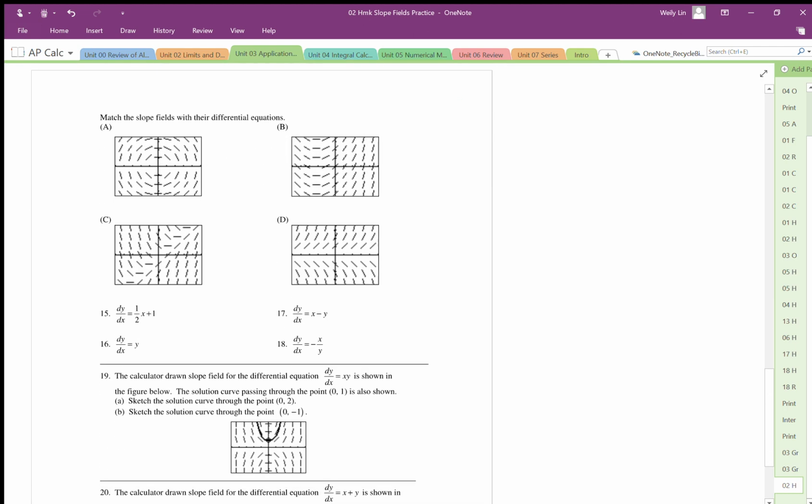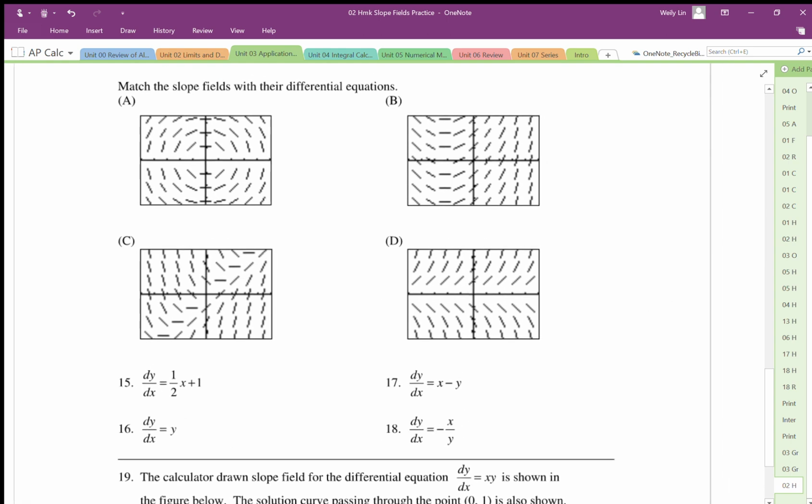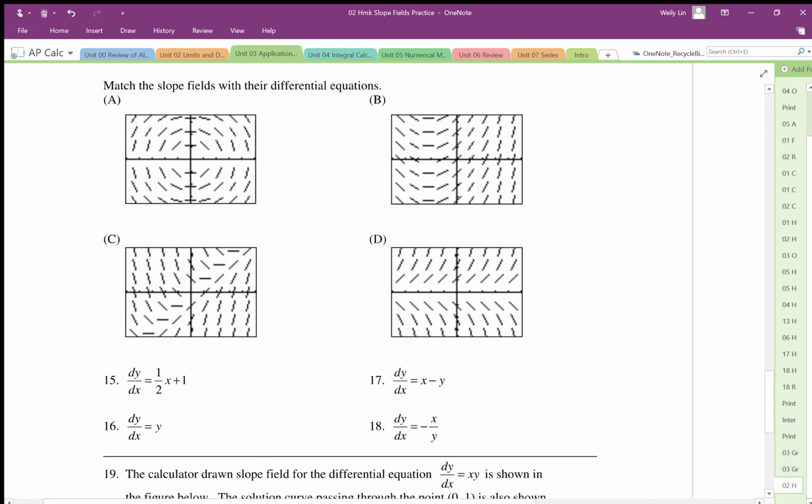For these ones here, we can match the slope fields with the differential equations. If I take a look at this, it is a circle, and I kind of know that this is the derivative for a circle, but I can just double check. I can check at x equals 0, all the x equals 0 coordinates are going to give me a horizontal slope.